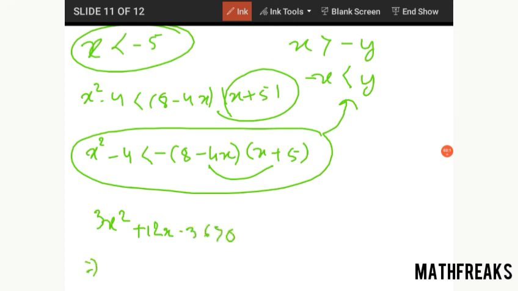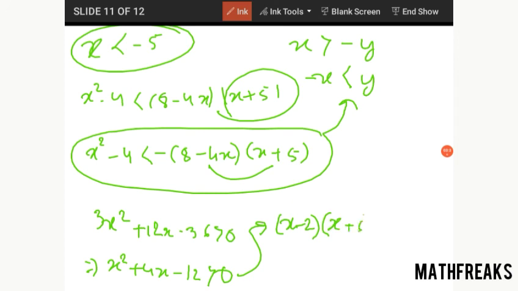Then factorize, now we have to take 3 common, so we get x squared plus 4x minus 12 is greater than 0. Then factorize it: (x - 2) multiplied by (x + 6) is greater than 0.